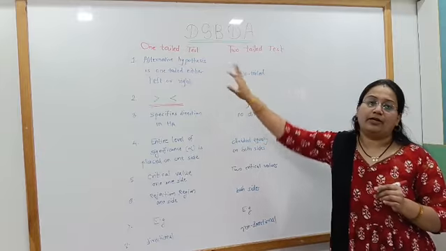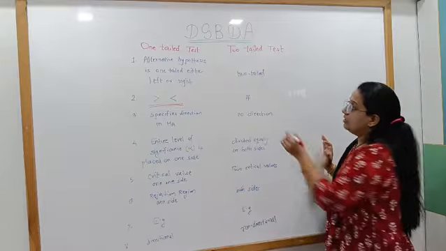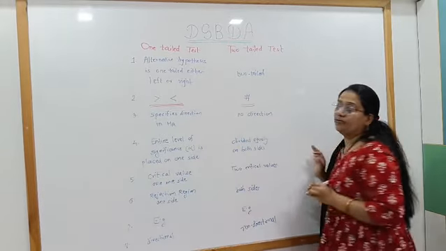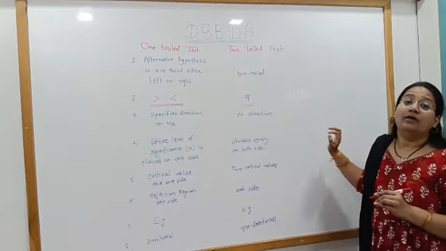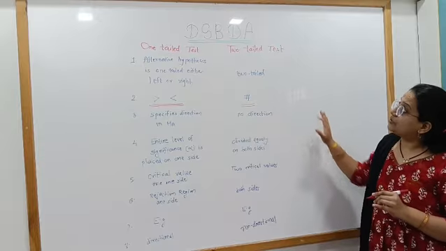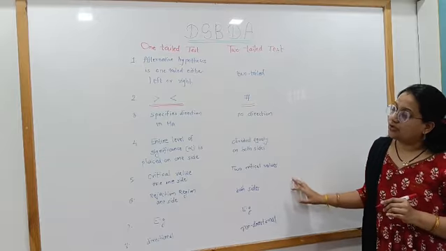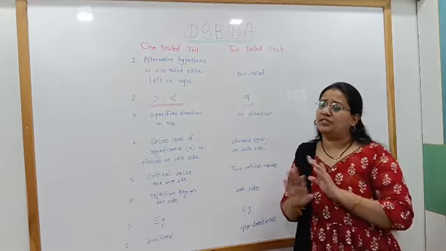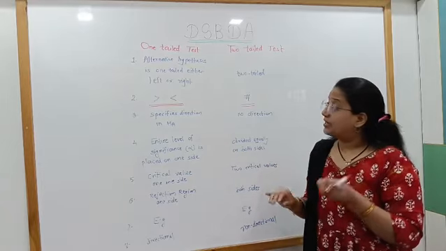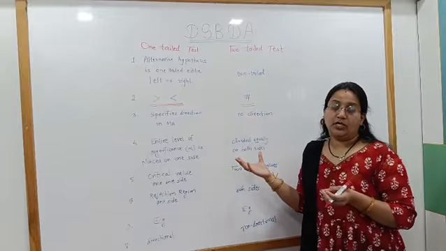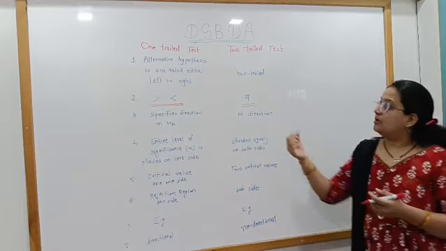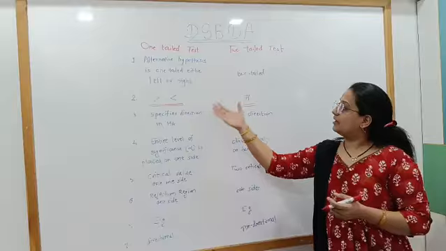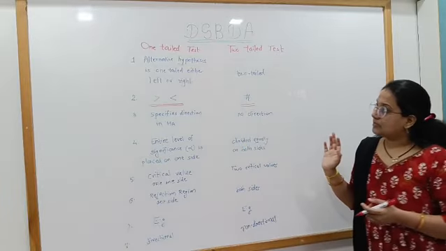If I use the not equal to symbol while defining the alternative hypothesis, then it is a two-tailed test. So here we concentrate on the alternative hypothesis, because the null hypothesis is a default, in general. But the alternative hypothesis we represent using operators: less than, greater than, not equal to.